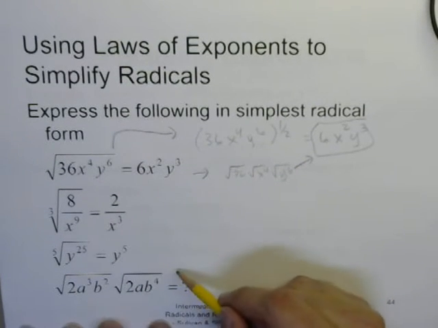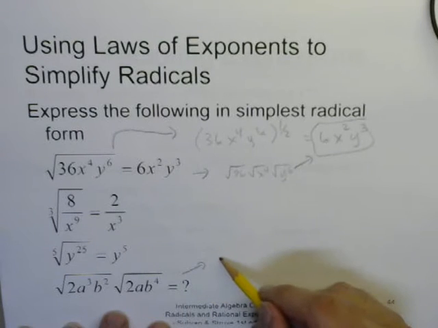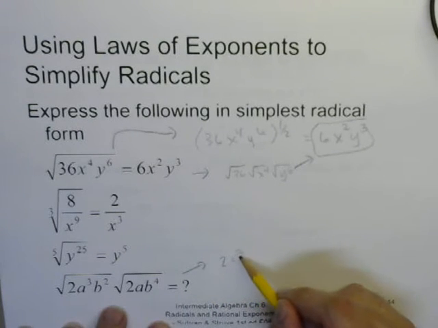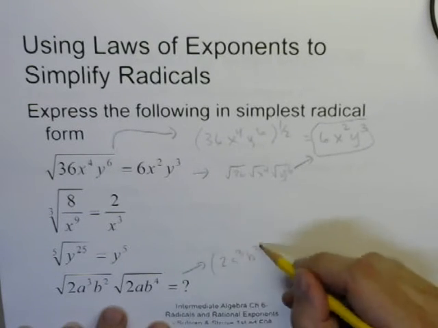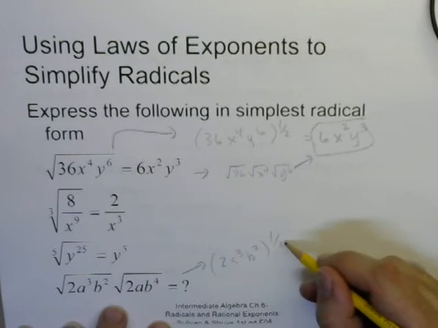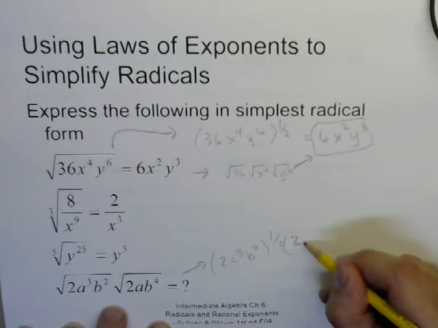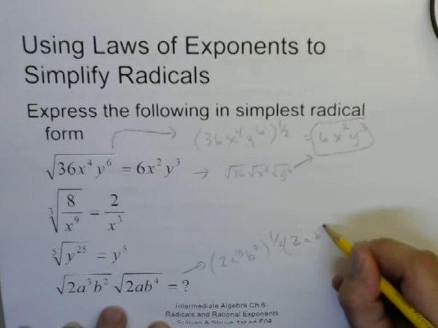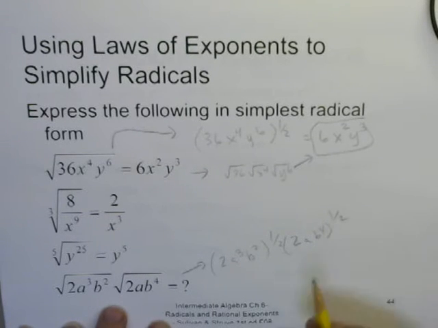Right? For this last one, it would be 2 times a cubed times b squared raised to the 1/2 power times 2 times a b to the 4th raised to the 1/2 power.